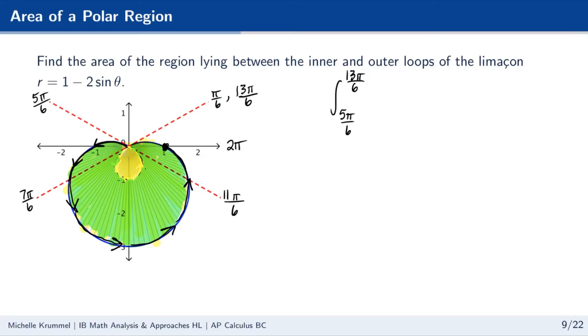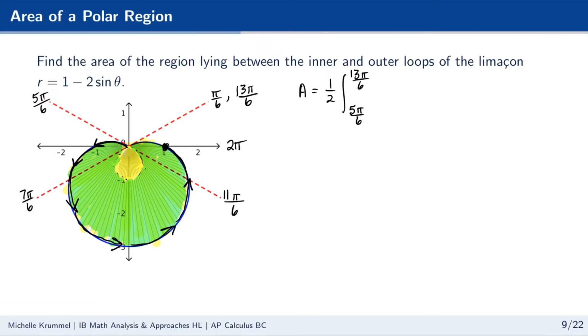Then if we subtract away the inner loop, and the inner loop occurred from pi over 6 to 5 pi over 6, then we're just going to have the area in between. And I won't have counted the inner loop twice because if you notice, our interval really doesn't go from 0 to 2 pi.